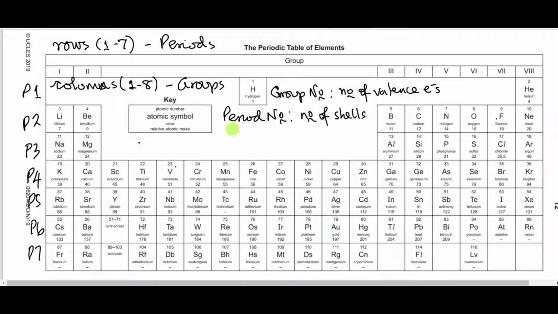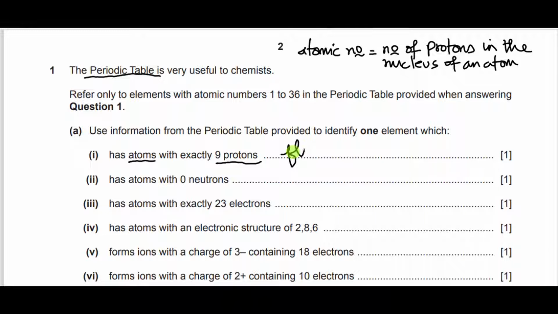Fine. So, from this, the element with atomic number 9 is fluorine. So, our answer is fluorine. You can write the name and the symbol, to be on the safer side.